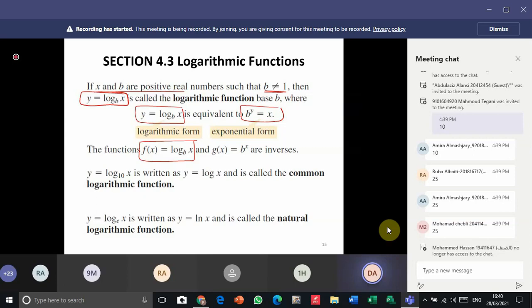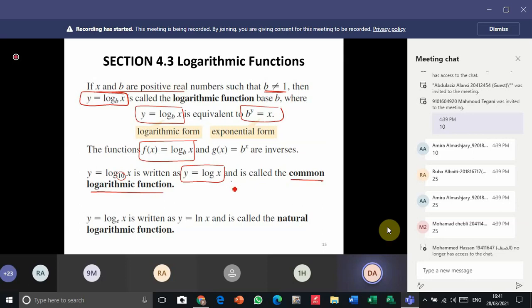Okay. Among logarithms, we have two special logarithms. The first one is the common logarithm function. If we have base 10, we can write log without a base. So any logarithm without a base is a common logarithm directly.